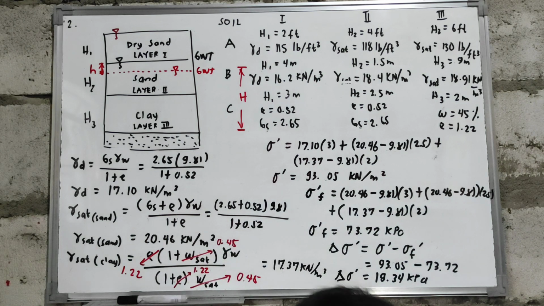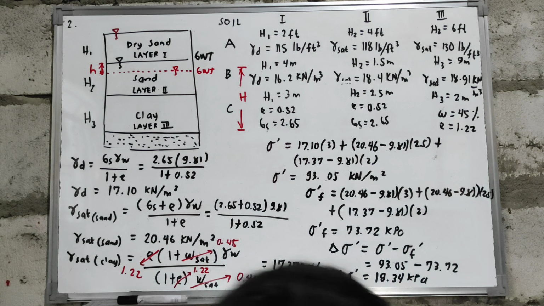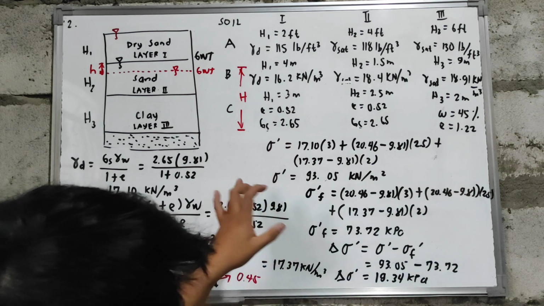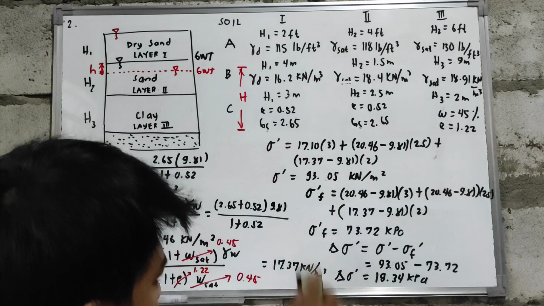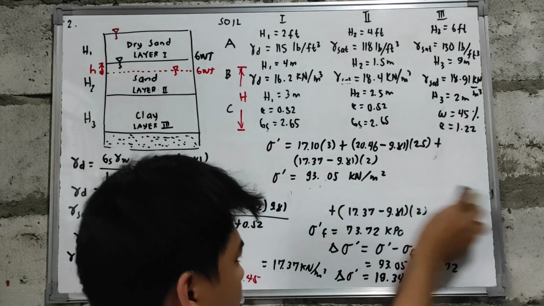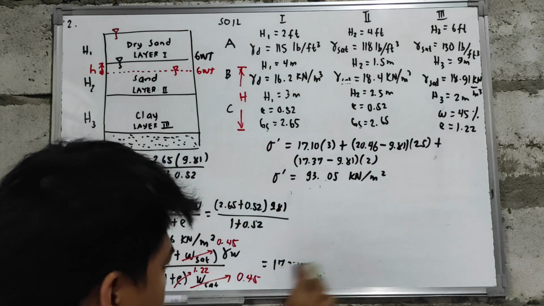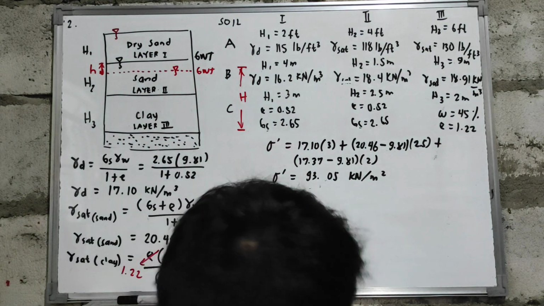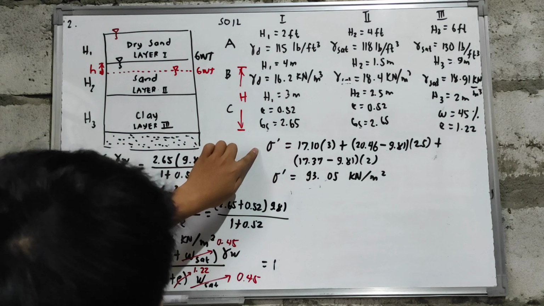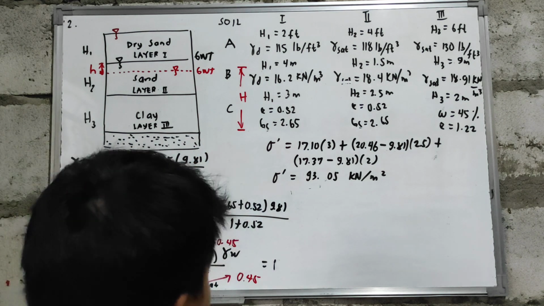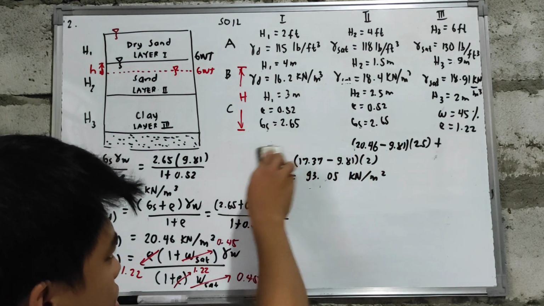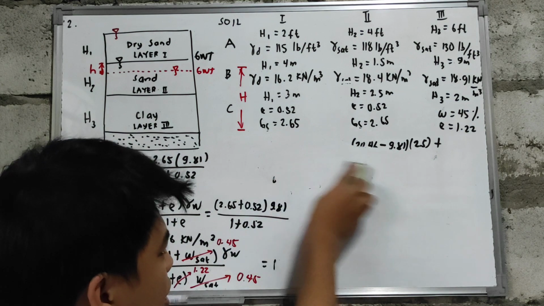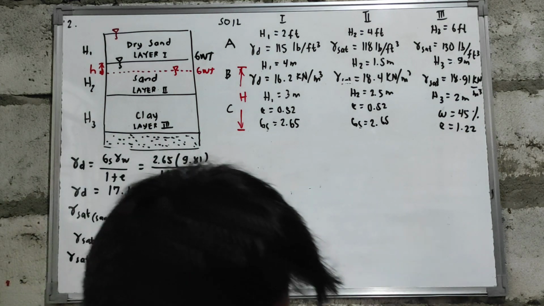So siyempre, we're going to refer dun sa statement na nakalagay na yung effective stress down natin magiging 100 kPa. So we're going to use this one. So burahin na lang natin to. Ayan. So mangyayari niyan, yung effective stress down natin magiging, from 93.05 magiging 100 kPa.